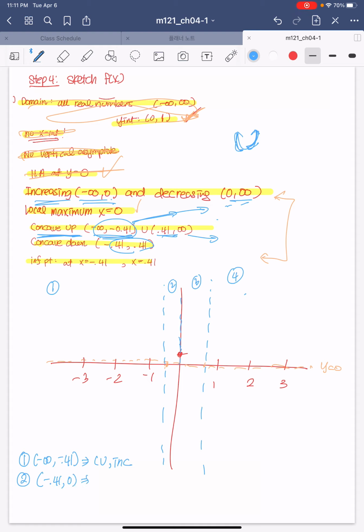I even partition it further because there is a decreasing going. We have a concave down, and then decreasing all the way up to 0. So we have a concave down and then decreasing.